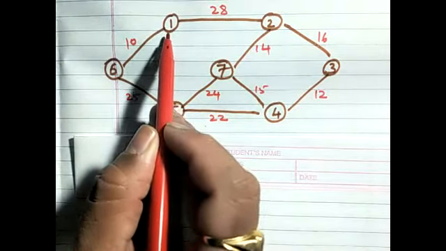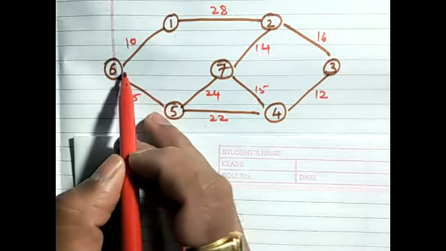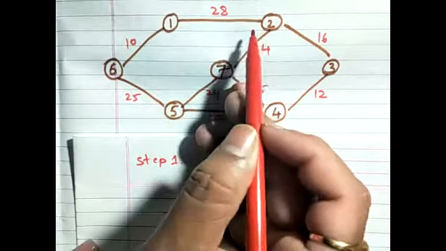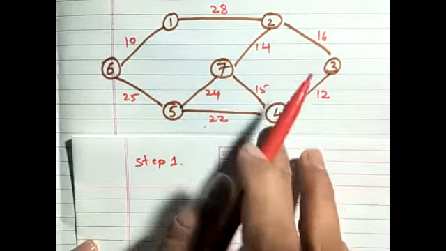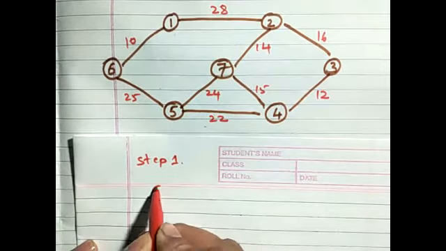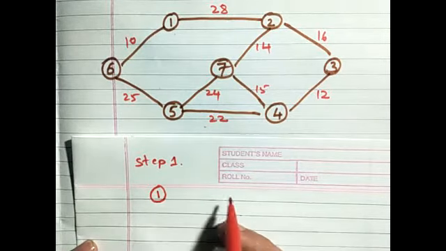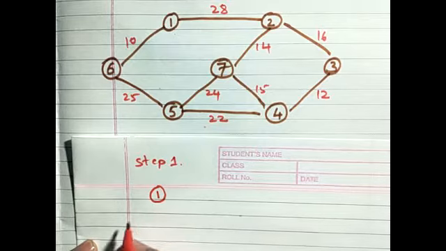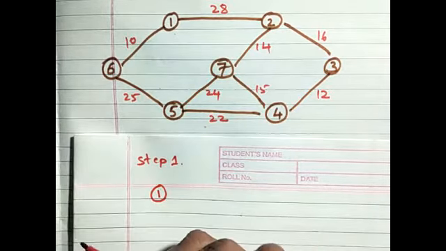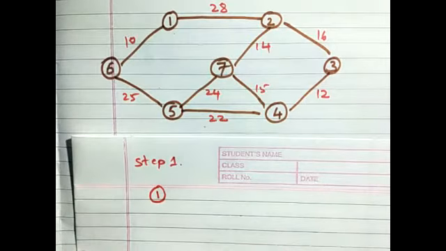From vertex 1, I can either go towards 6 or I can go towards 2. Right? There are 2 possibilities. That means from vertex 1, I can reach vertex 2 or I can reach vertex 6. Now, the point here is which particular direction we should go.